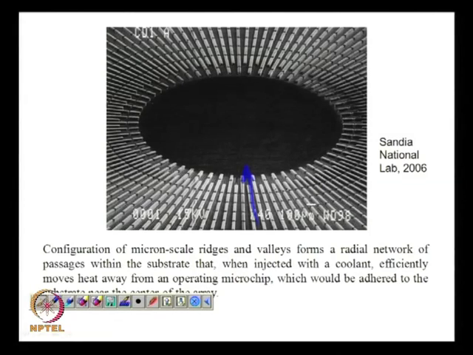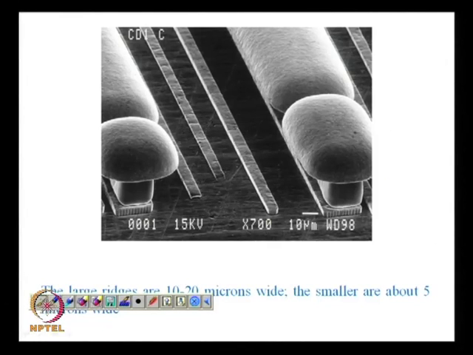And even in the next picture you would see these channels are not just single channels. In these channels there are several other channels which are also present. So, this is the large channel which we were seeing in the previous picture, and this is a smaller channel. Okay. So, there are 3 or 4 such channels embedded into the large channel. The ridges provide sufficient corners for the liquid to flow from the hot side to the cold side. So, the sizes are about 10 to 20 microns, and the smaller ones could be as small as 5 microns in size.